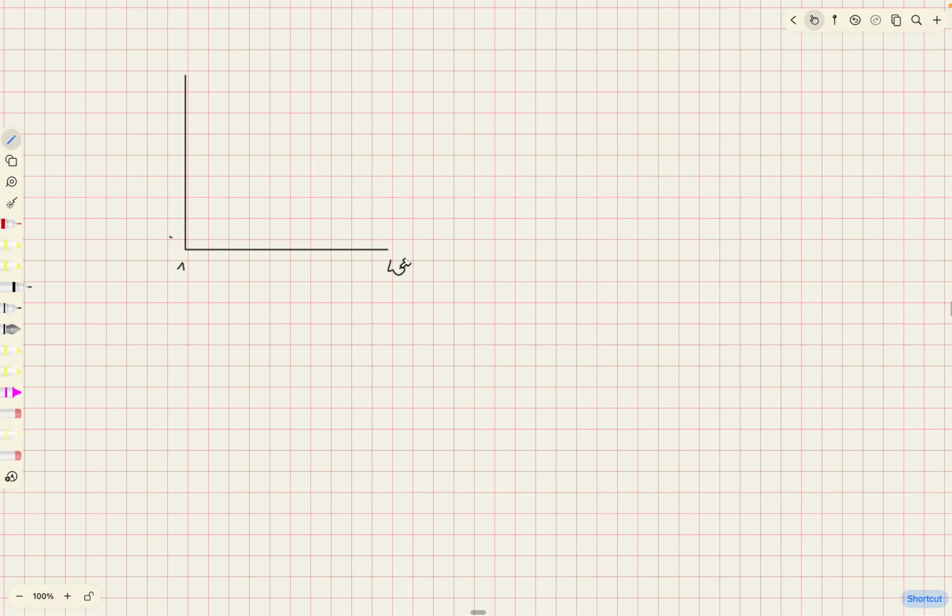So 1, 10, and then our uniform distribution will look like this. Because it's basically a probability distribution, and this is the random variable x. And for each minute, the probability is the same. Let's say it's y here.